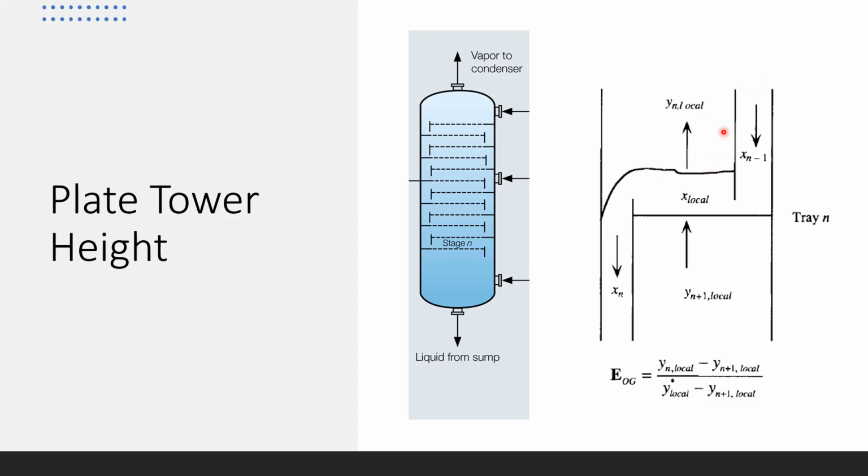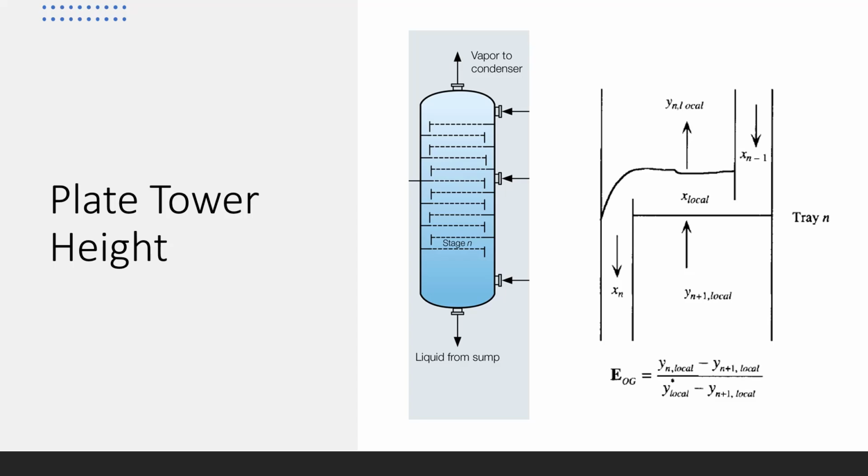However, getting this value of y equilibrium for each single stage is quite problematic, and usually this is done by going to the lab and doing a pilot plant, where we have a pilot absorption column where a sample of the outlet gas stream is collected.